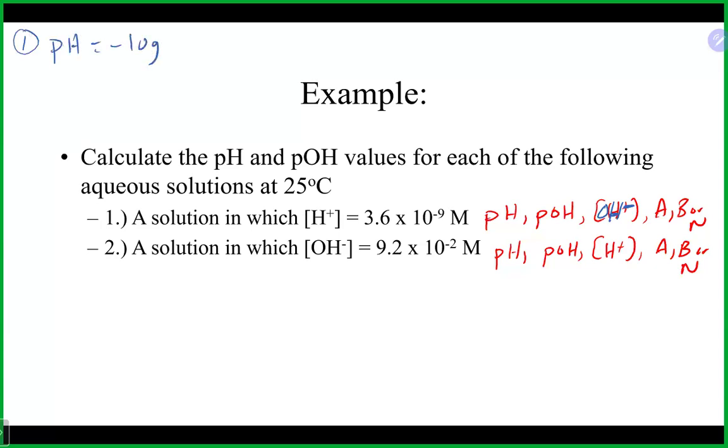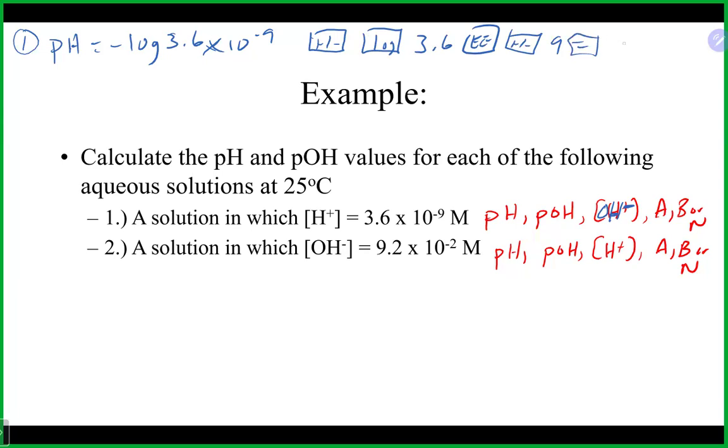Negative log of what was given to me, 3.6 times 10 to the minus 9. A reminder that depending on your calculator, if you have a display calculator, you press the negative button, the log button, 3.6, exponent button, negative button, 9, and equals.